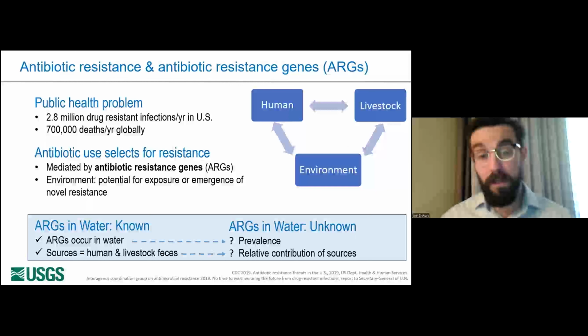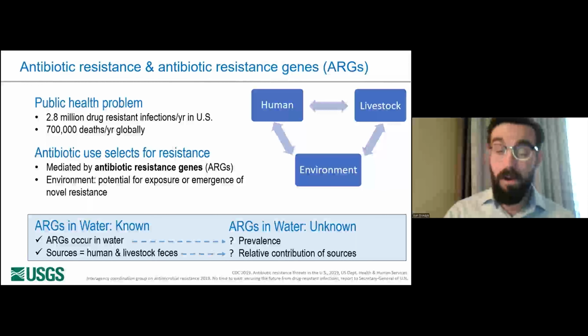Those studies are good for establishing those links, but that type of targeted sampling makes it difficult to know how common these contaminants are across the landscape more generally. And these studies often focus on a single potential source, which means it's a challenge to compare the contribution of the various sources of these contaminants.